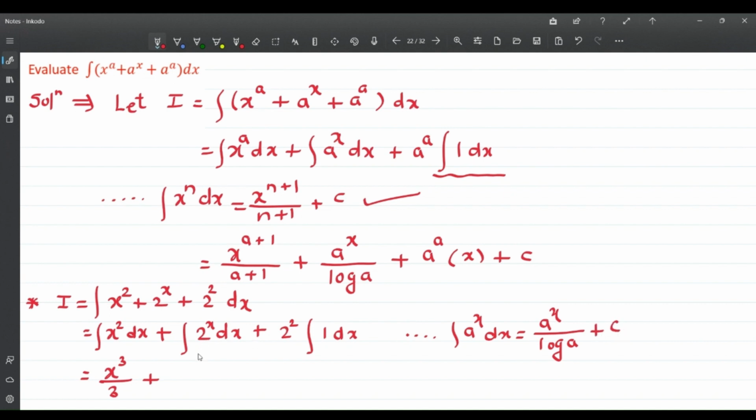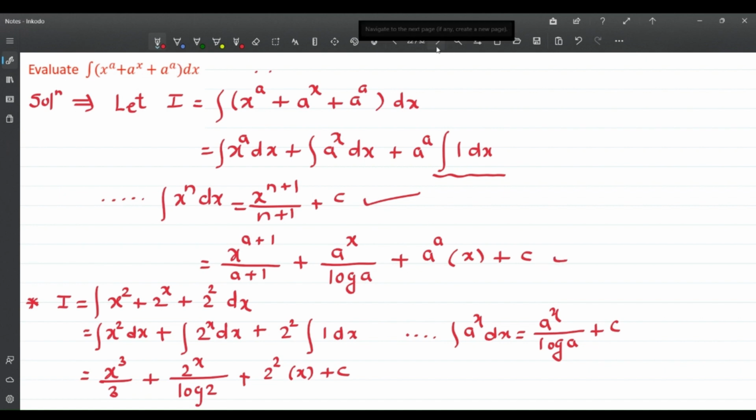So for 2 raised to x, it will be 2 raised to x divided by log 2, divided by log of the constant, plus 2 square, and the integration of 1 dx is only x plus c. We can solve other problems also, like x raised to 5 plus 5 raised to x plus 5 square, or 5 raised to 5, or with different letters like x raised to m plus m raised to x plus m raised to n. Then you can solve it like this.